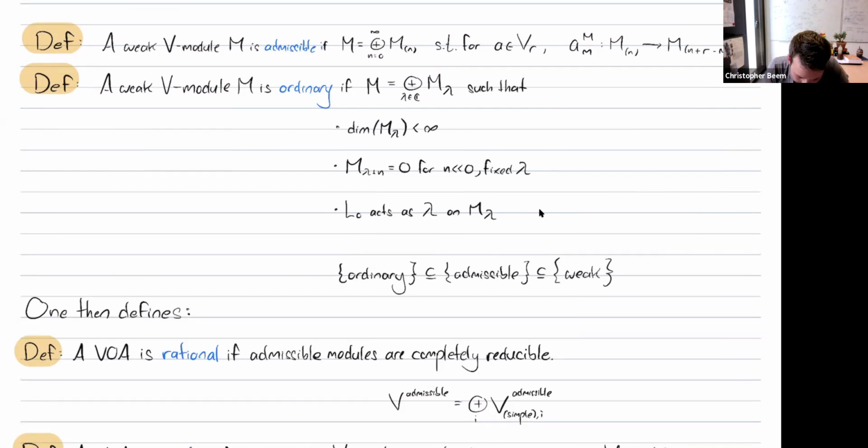Then a weak V module is ordinary, in the case of a vertex operator algebra, if it's graded and the grading is a conformal grading with respect to the Virasoro subalgebra. So L0 should act on the graded components by their grade. The graded components should be finite dimensional, and you shouldn't be able to lower the grading arbitrarily, so you should have energies bounded from below. An ordinary module is the sort of thing you would actually be looking at if you ran into an object in an honest CFT that was supposed to be acted upon by a vertex algebra.